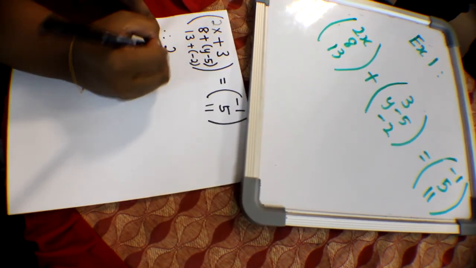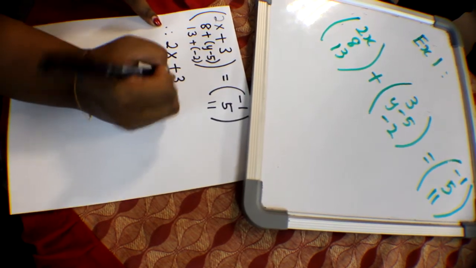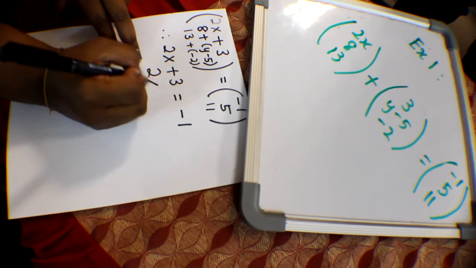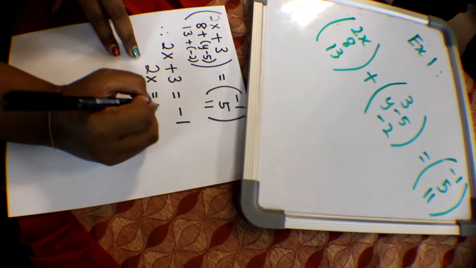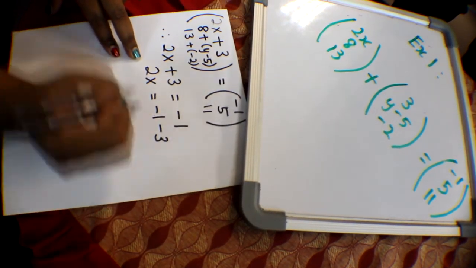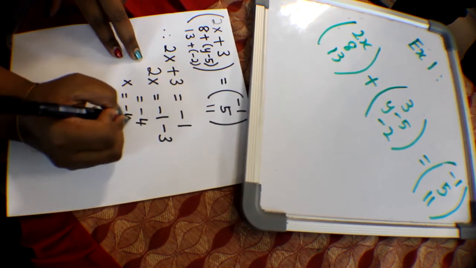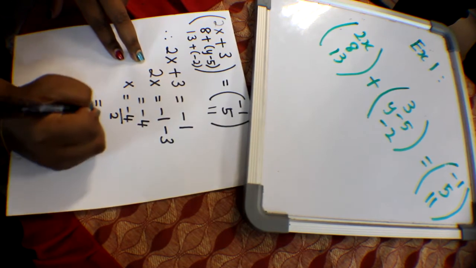Therefore, 2x plus 3 is actually equal to negative 1. We just have to solve this to obtain our x. Negative 1 minus 3, negative 4, and x would be negative 4 divided by 2, negative 2.